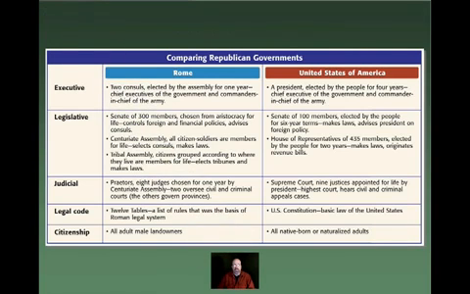All right, the last page we want to look at is this chart that compares republican types of government. On the left is Rome, and on the right is the United States of America. What I want you to do is compare the executive, legislative, judicial, the legal code, and the citizenship requirements of both societies. Again, Rome was the ancient civilization from which the United States inherited most of its republican ideas, in particular how we run government, how we establish our legal system, and our ideas about citizenship.